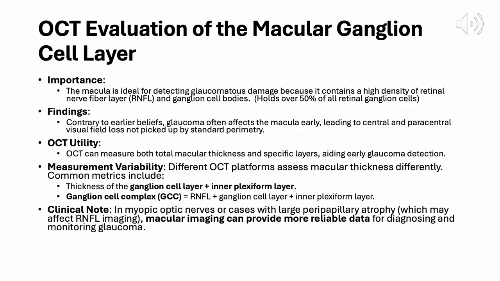Some provide the thickness of the ganglion cell layer plus the inner plexiform layer, while others measure the ganglion cell complex, which also includes the RNFL. One key clinical point. In patients with high myopia or significant peripapillary atrophy, where peripapillary RNFL scans may be less reliable, macular imaging often gives more dependable data for diagnosing and monitoring glaucoma.